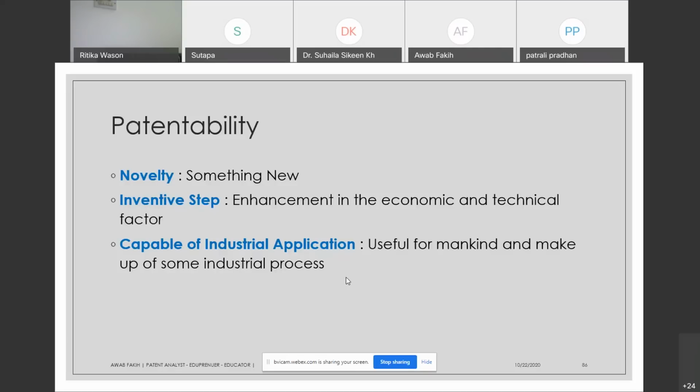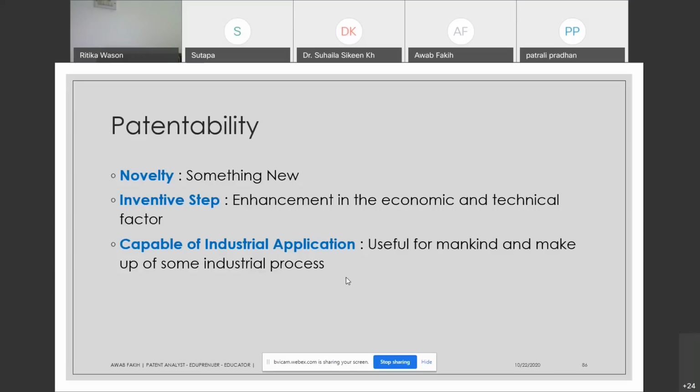Suppose it helps him to cure his disease, then you can get this registered. So this is how you have to tackle your product or your apparatus or your concept with proof. This is how you have to show that it should be useful to humankind. That is very, very important.